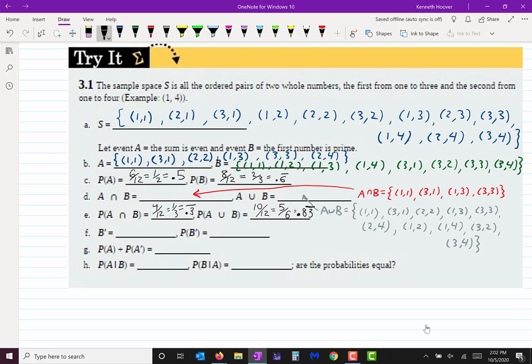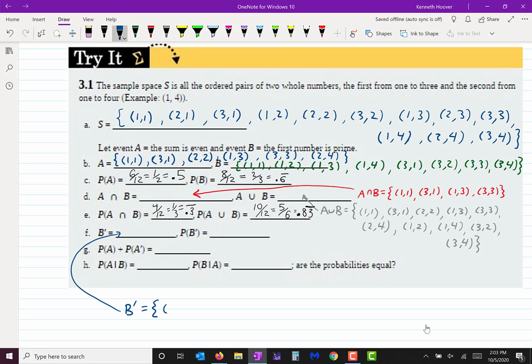Now, this screen's getting pretty full. We might need some of it, so I guess I shouldn't erase anything. All right, it says, what's the complement of B? I'm going to write that down below because it's getting really crowded up there. So B complement, that's everything that's in the sample space but is not in B. So what would that be?